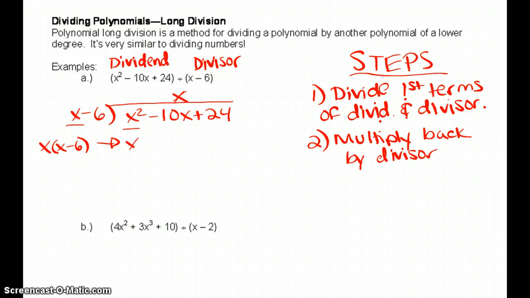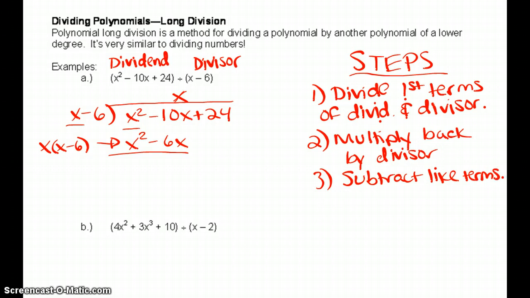So that gives me x squared minus 6x. And then after I multiply back, now what I'm going to need to do is, in long division, you need to make sure you subtract like terms. Okay? So when I end up subtracting, these cancel. When I subtract a negative 6, it becomes positive 6.